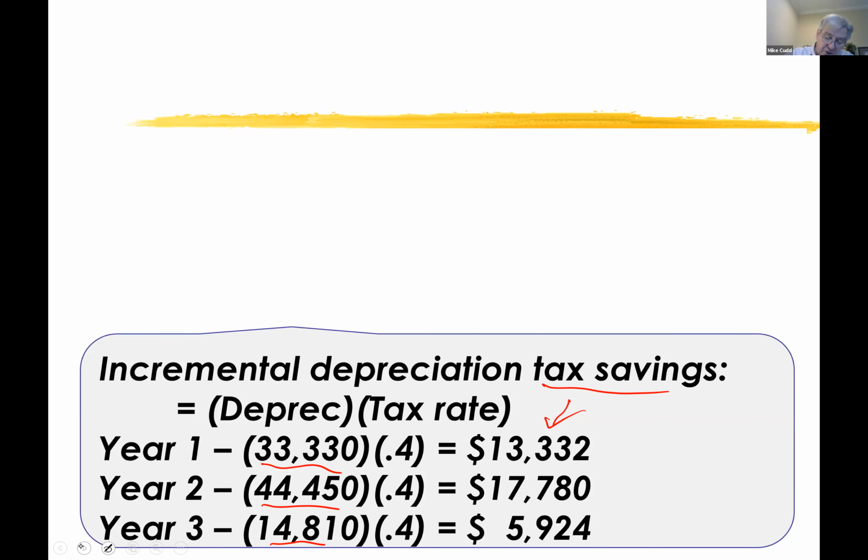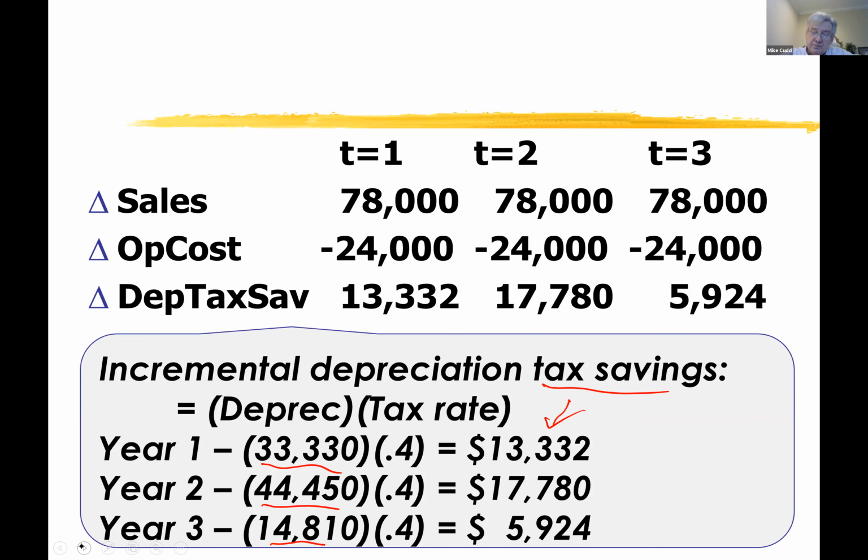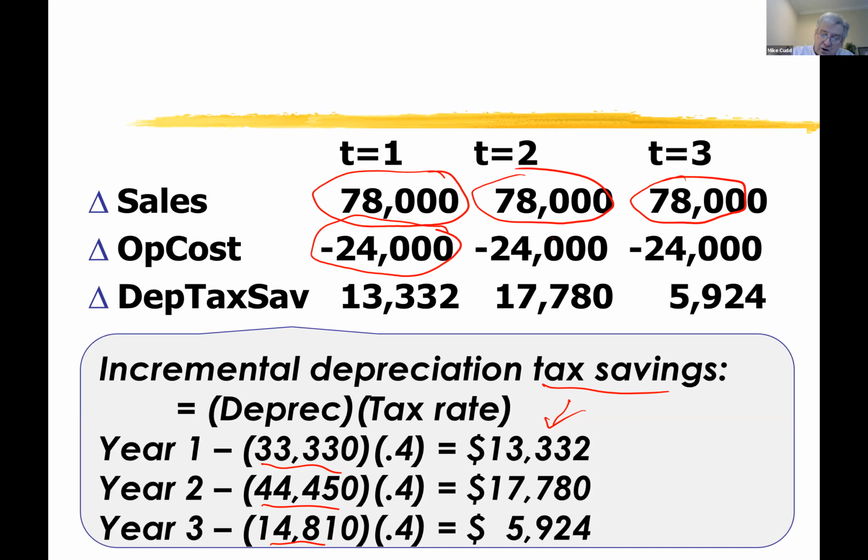So if we throw this all together, there are our after-tax sales revenues. There are our after-tax cash operating costs, and of course, our depreciation tax savings for each of the 3 years that we operate.